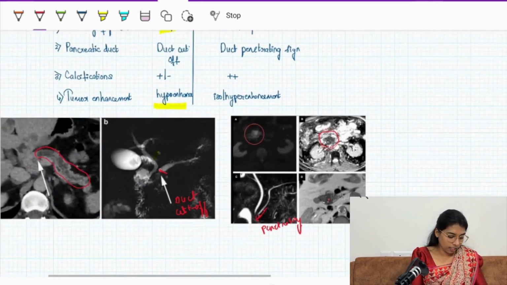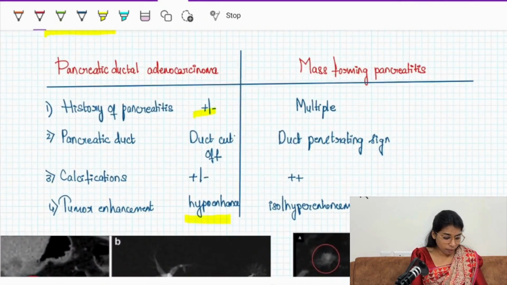What is the other differences? Presence of history of pancreatitis goes in favor of pancreatic ductal adenocarcinoma, whereas multiple history of pancreatitis is the cause for mass forming pancreatitis. So pancreatitis is a complication of PDAC. Multiple pancreatitis causes mass forming pancreatitis. Understood? Duct cutoff and duct penetrating we already know of.